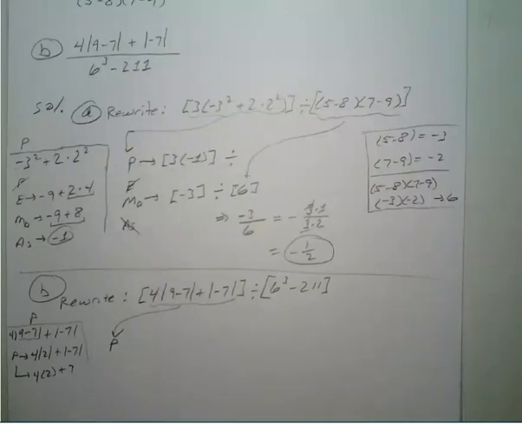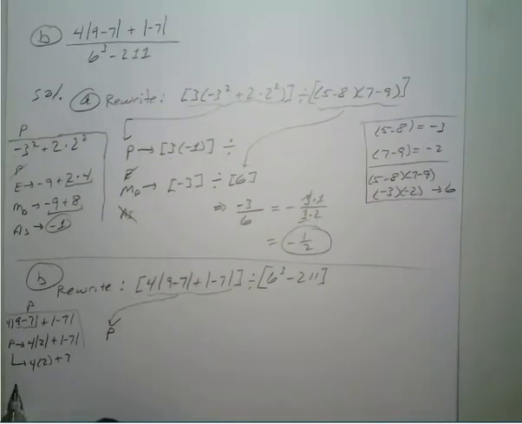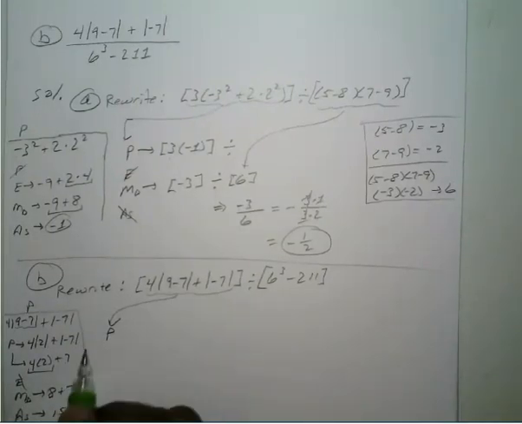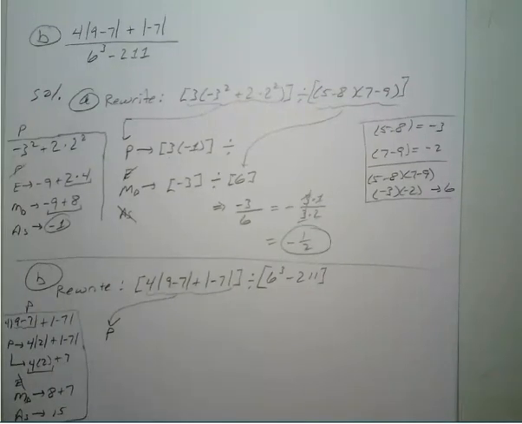So plus 7. Okay. And again, we don't have any exponents to worry about. We do have multiplication or division. We're going to multiply those two. So 4 times 2 is 8, and bring down that plus 7. Now we're going to do our adding and subtracting, where 8 plus 7 is 15. Bring that up.